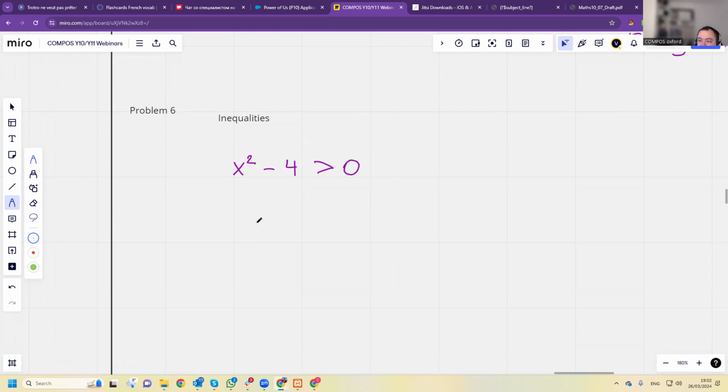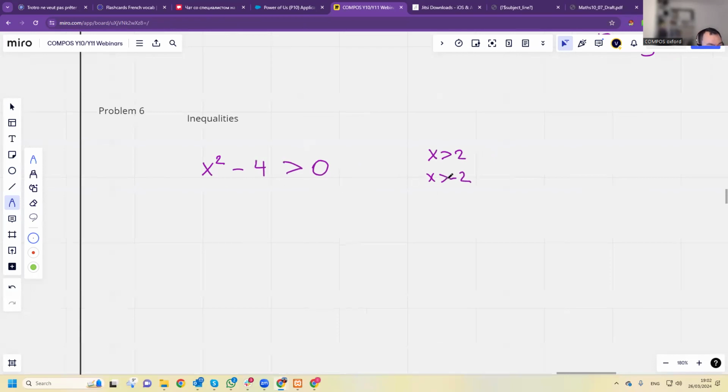So you're saying x is greater than 2 and x is greater than -2. Is that what you're saying? Or less than? Okay, yeah, that makes sense.